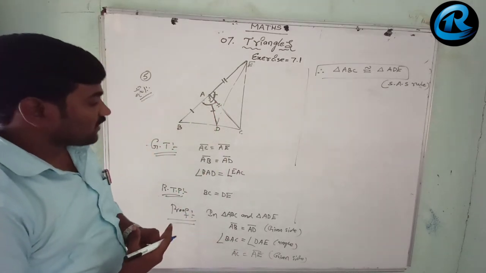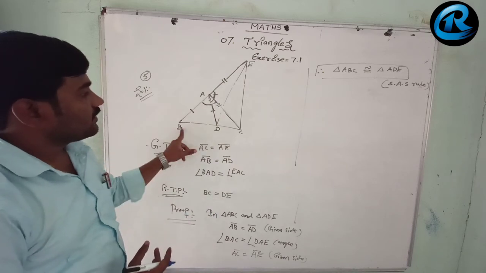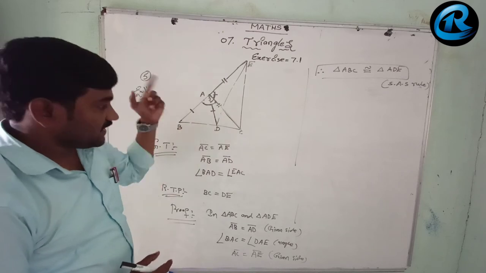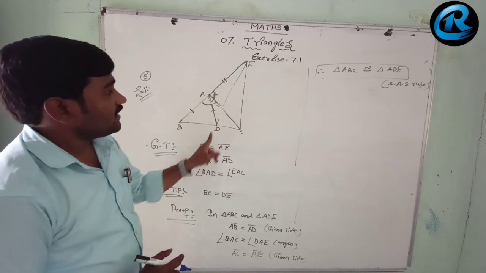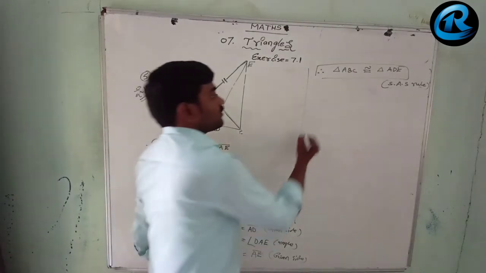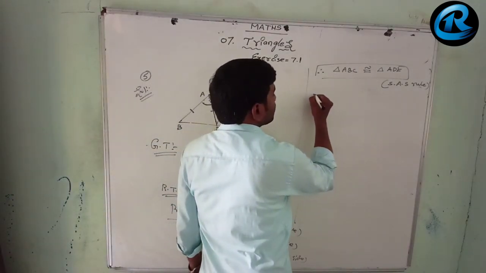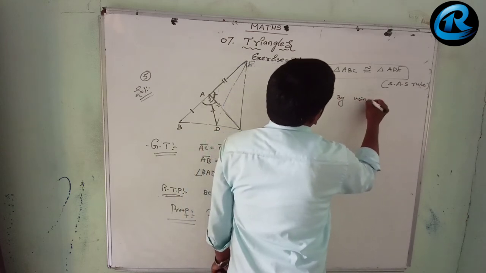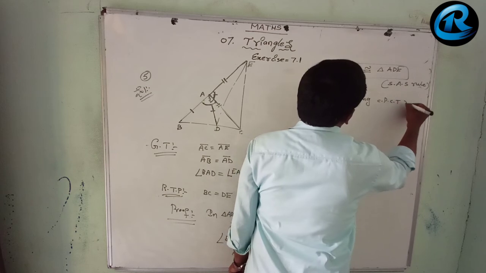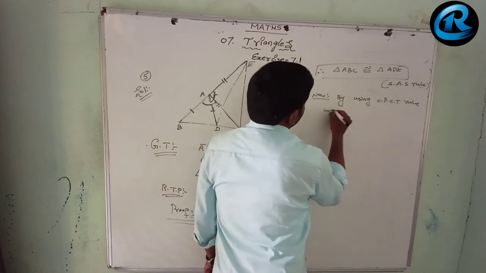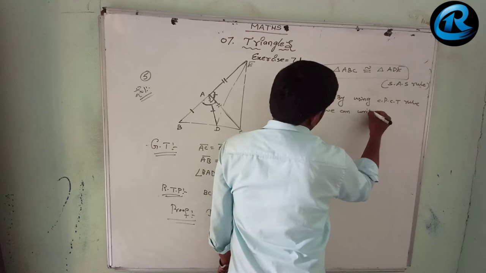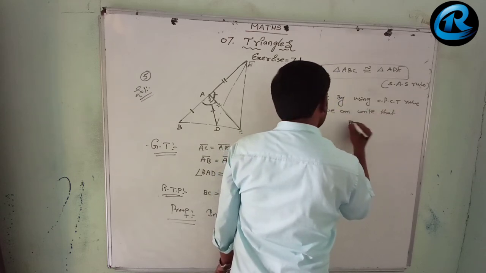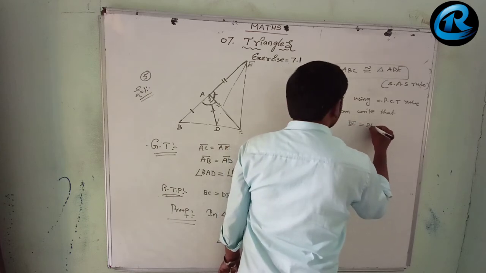So like that. Now what can you say about BC and DE? Here BC in triangle ABC is one of the parts, and in triangle ADE, this DE is one of the parts. By using the CPCT rule, we can write that BC is equal to DE.